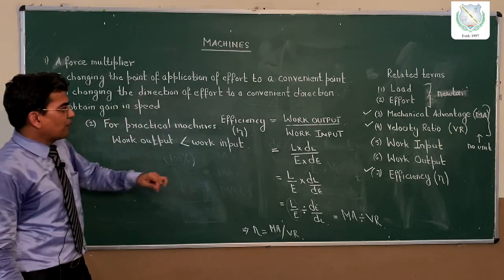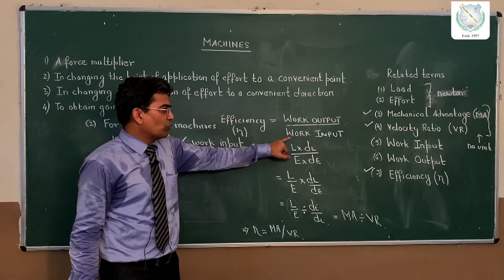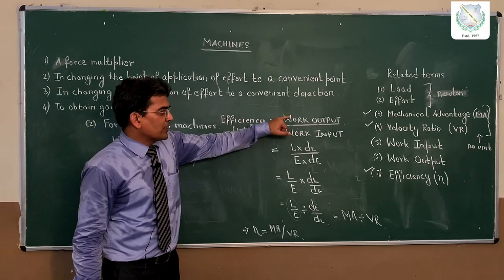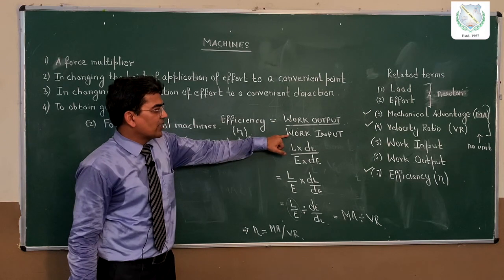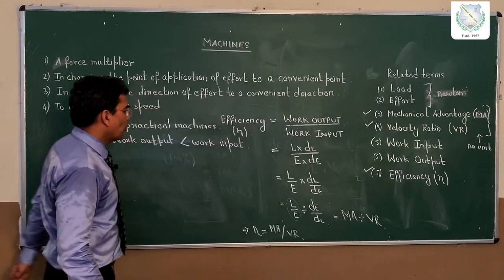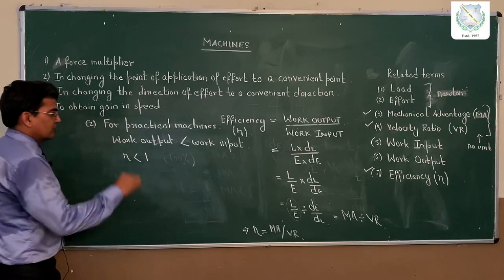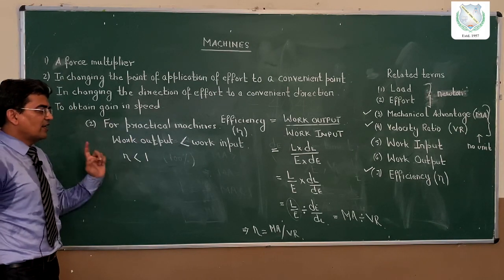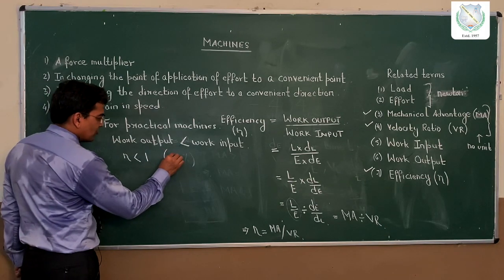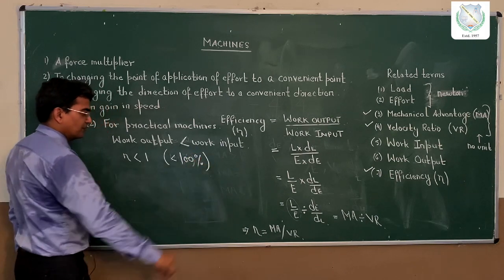If we apply it over here, work output is less and work input is more, meaning the numerator is less and the denominator is more, so this ratio will be less than 1. So we will say that the efficiency of practical machines is less than 1, and in terms of percentage it is less than 100%.